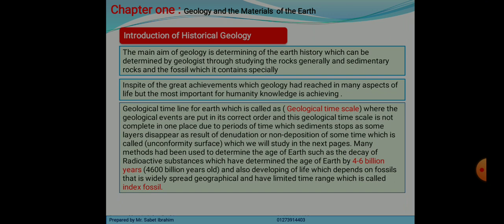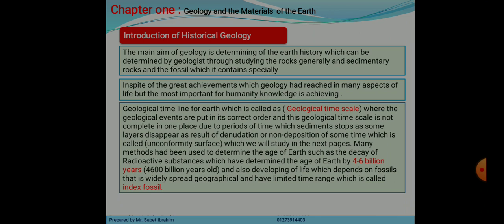But the geological time scale is not complete in one place, due to periods of time in which sediment stops and the transgression or regression of sea level.